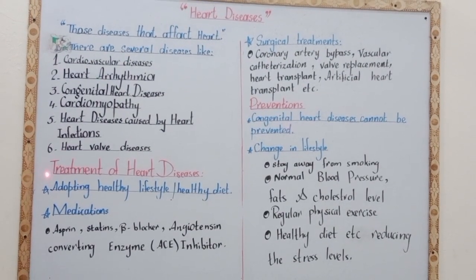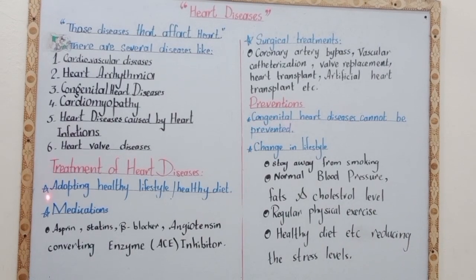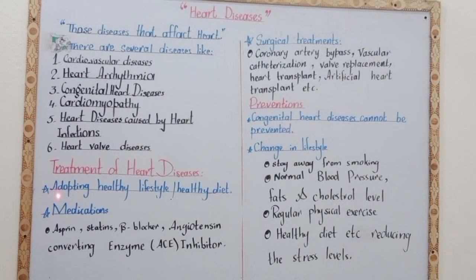Next is treatment of heart diseases. It includes adopting a healthy lifestyle or healthy diet, medications, and surgical treatments. Medications include aspirin, statins, beta blockers, and angiotensin converting enzyme, ACE, inhibitors, used as medicines for treatment of heart diseases.